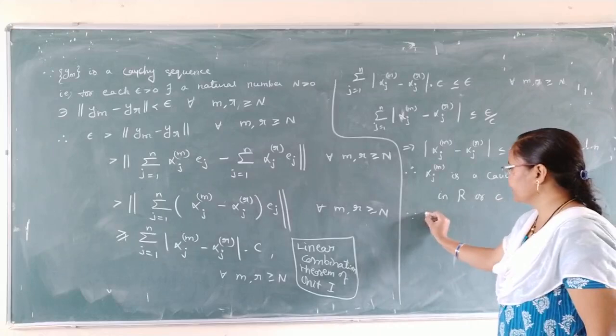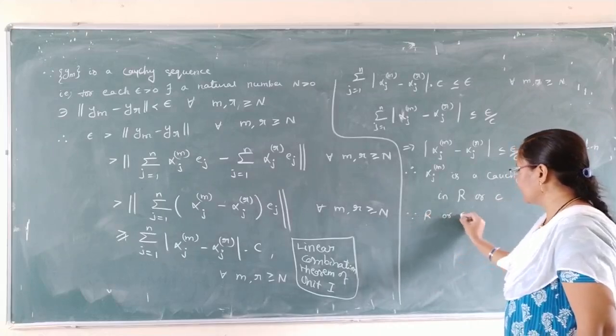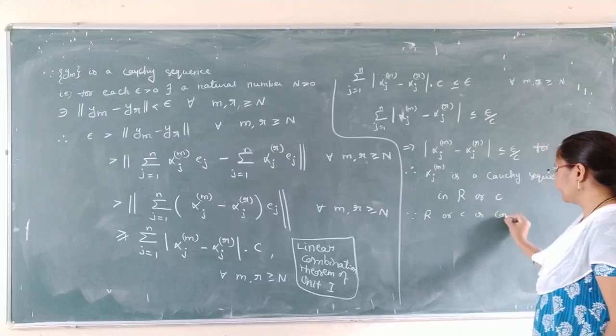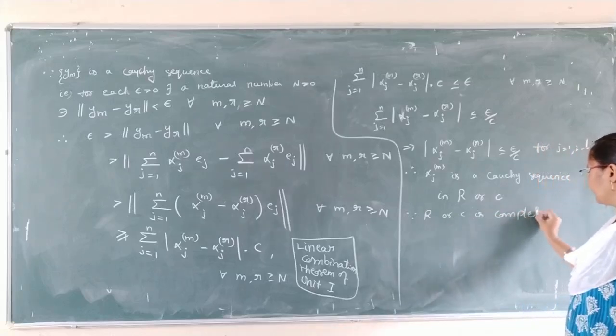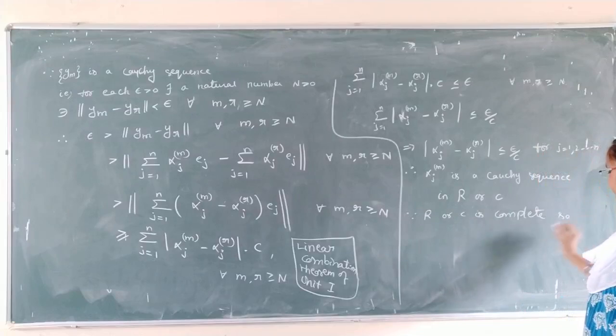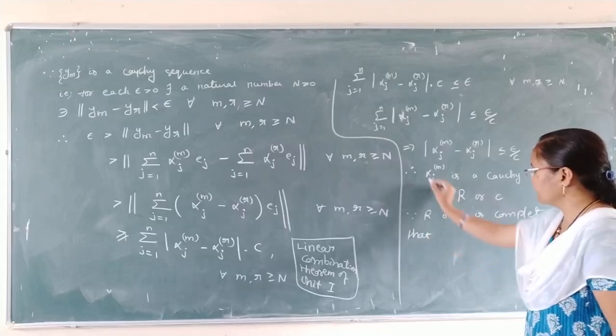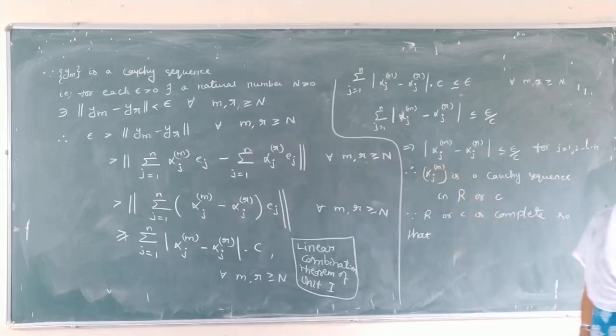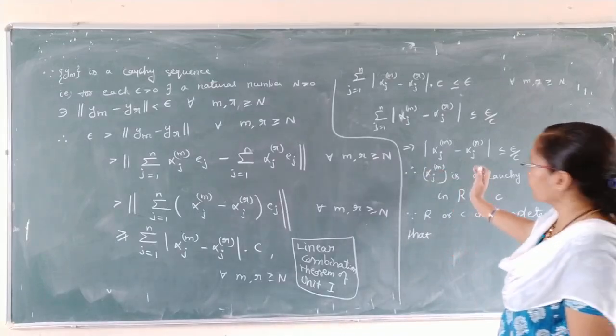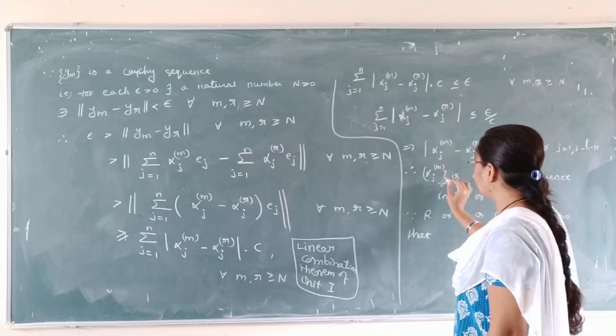Since R or C is complete, so that, the starting point, it is a Cauchy sequence in this basis.